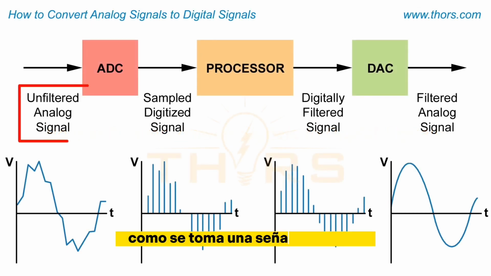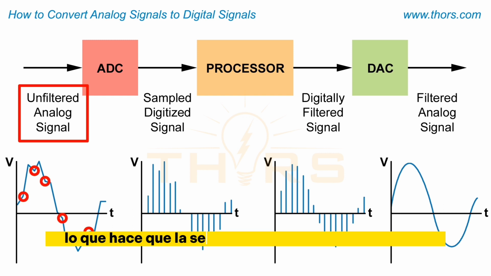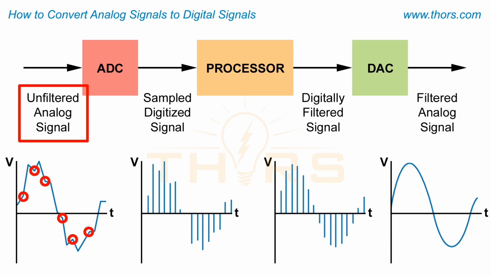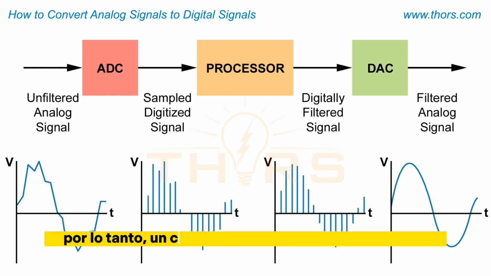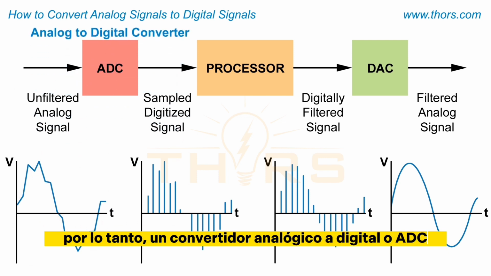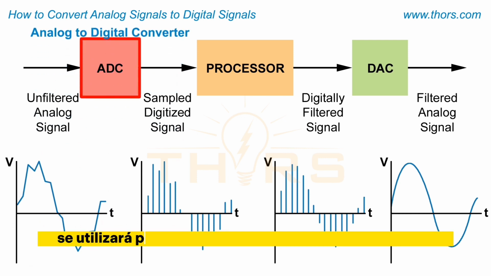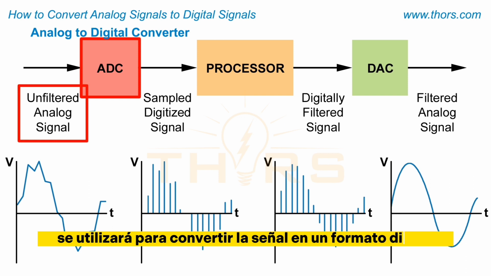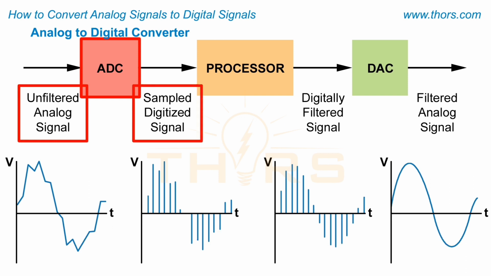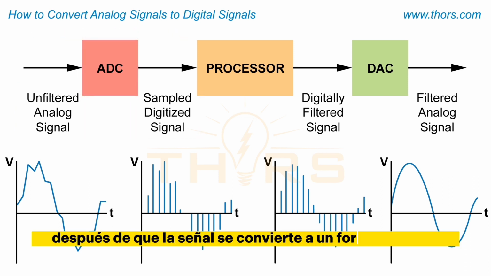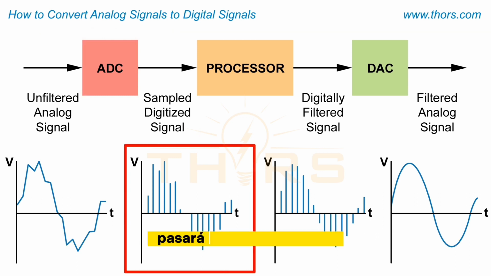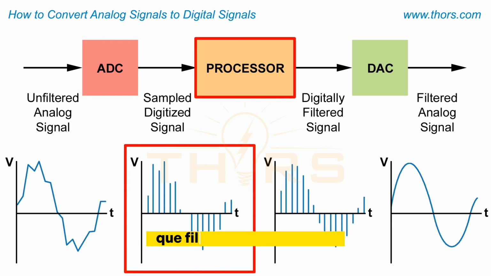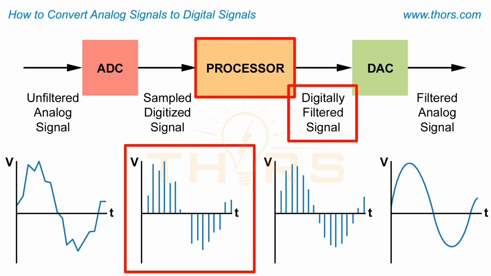As an analog signal is taken, it may have electrical noise, which makes the signal harder to interpret. Therefore, an analog to digital converter, or ADC, will be used to convert the signal into a digital form. After the signal is converted to a digital format, it will go through a processor that will filter the digital signal.